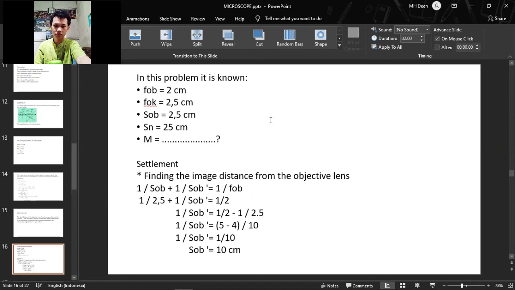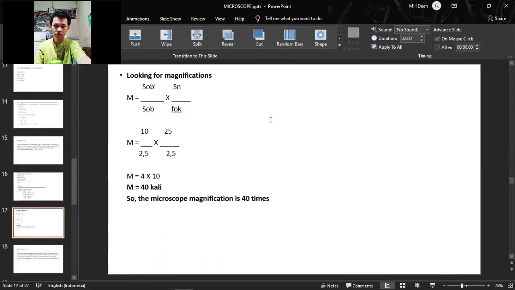From this formula, we know that S_OB' is 10 cm. After we know S_OB', we can find the magnification with this formula. So the microscope magnification is 40 times.